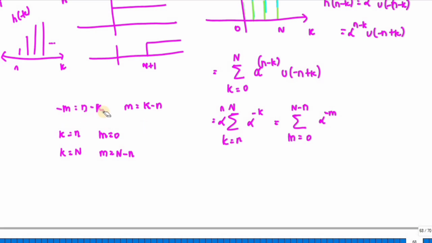So n minus k, I can take it as minus m. So I'm going to substitute k is equal to n in this equation. If I substitute k is equal to n, m becomes 0. And if I substitute k is equal to capital N, I will get m is equal to n minus n. So I'm going to substitute it here. So m is equal to 0 to n minus n, alpha of minus m.